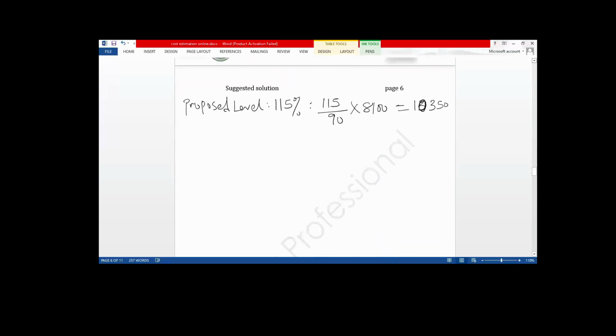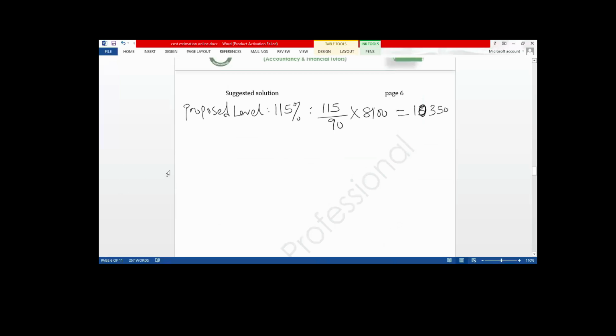Step 2: test for cost behavior. You start with your direct material.